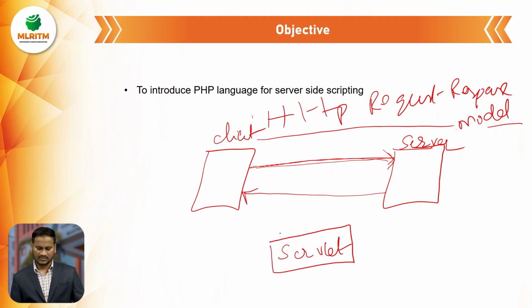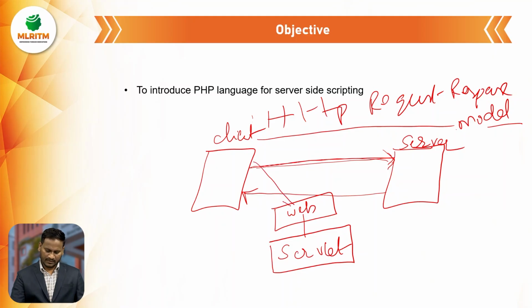What does a servlet do? A servlet is a simple Java program, as we know. It works as a communicator between client and server. A servlet uses one web container. It takes a small HTTP request from the client.